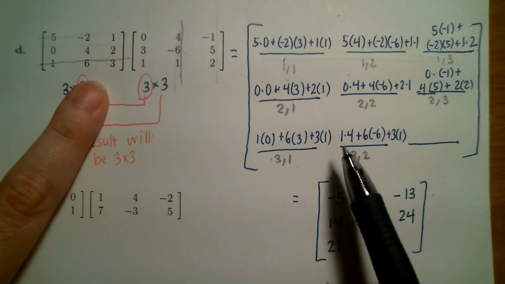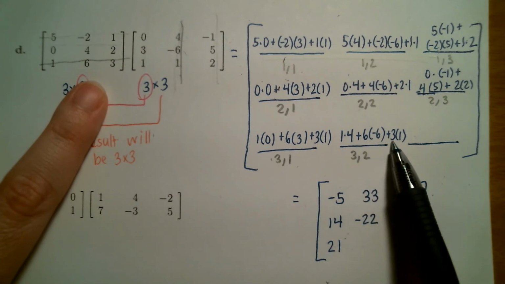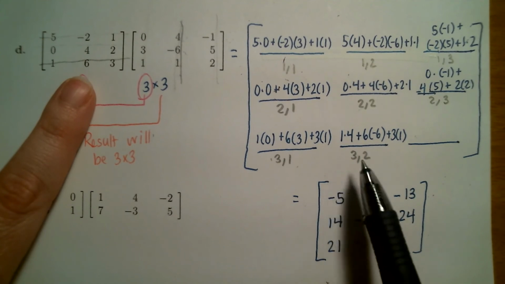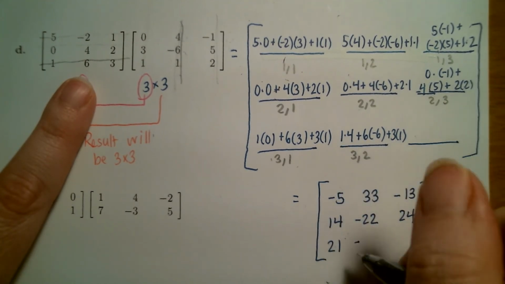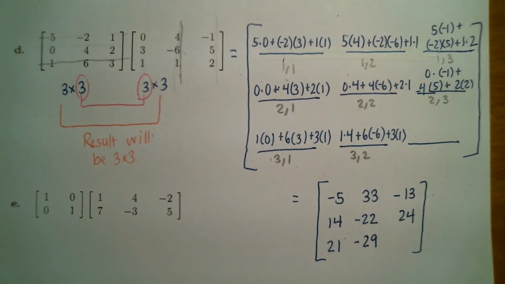Let's simplify. This is going to be 4 minus 36 is negative 32, plus 3 is, hold on, I lost my place. So that's going to be negative 32 plus 3 is negative 29. All right, we got one more spot to go finally.